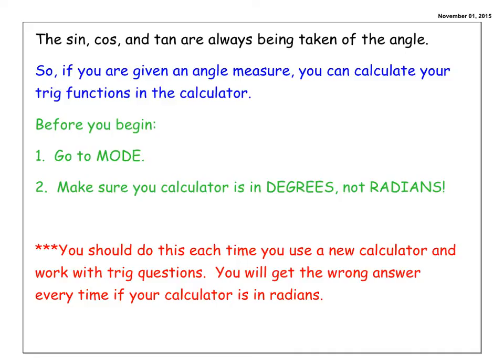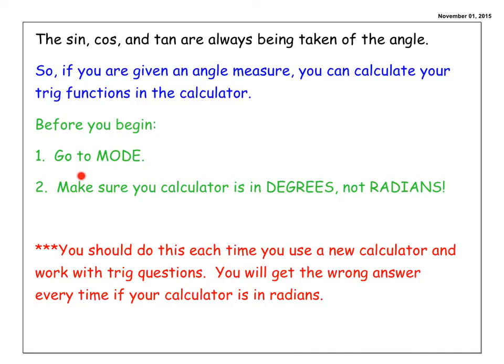So before you start any of these questions, and you should be doing this every day, and there's a note down here that explains it, every day that you are working with trig functions, you have got to make sure that you check this in your calculator, because if this is not set up right, you will literally get every single question in the trig part wrong. That will cause you to get every question on your Module 6 test wrong, and all those questions on the 10 Ready test wrong too.